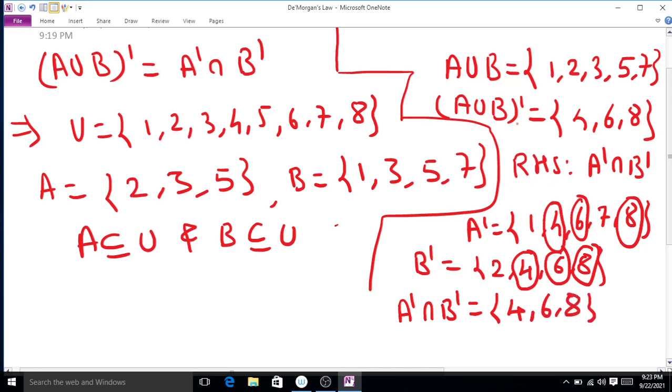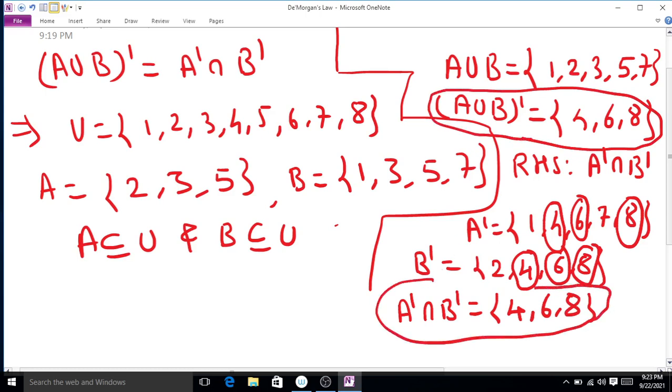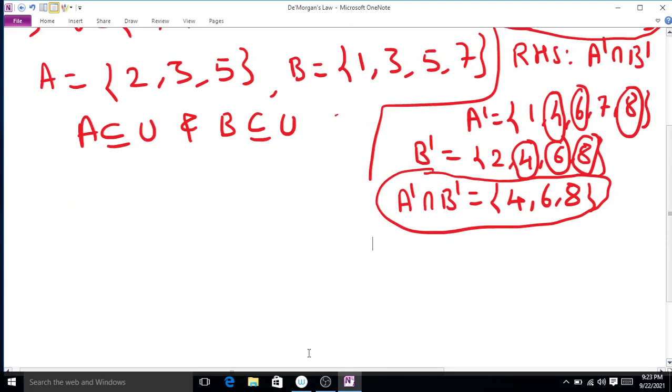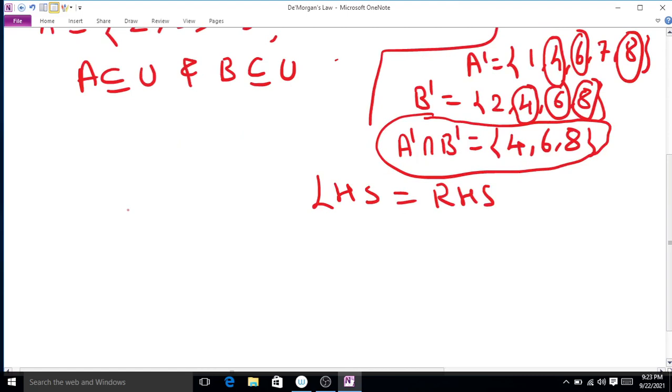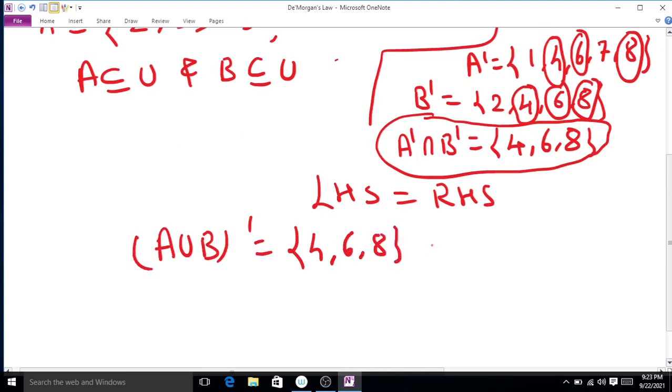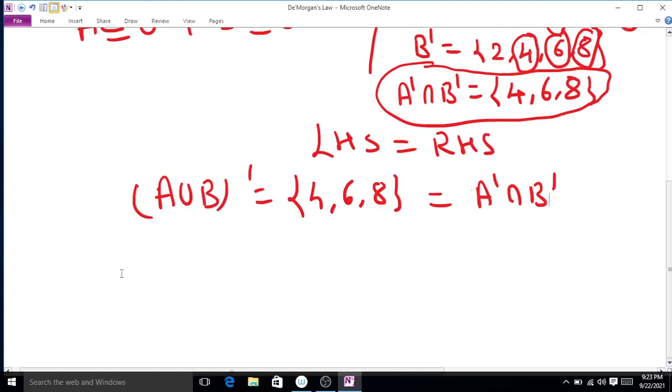Now from this set and this set, we can say that LHS is equal to RHS, that is (A union B) complement is equal to {4, 6, 8}, which is equal to A complement intersection B complement, and hence De Morgan's law is verified.